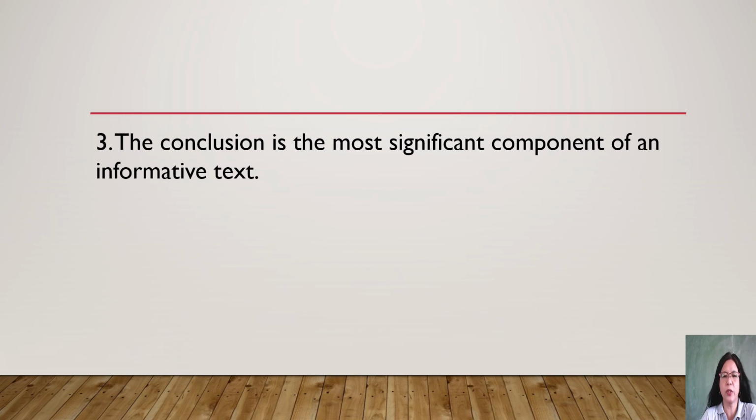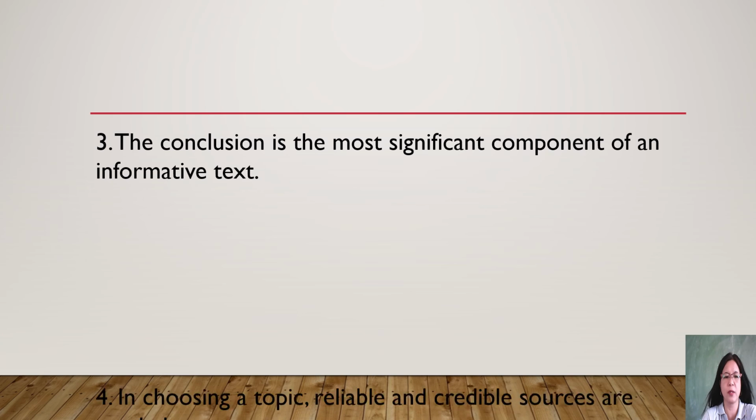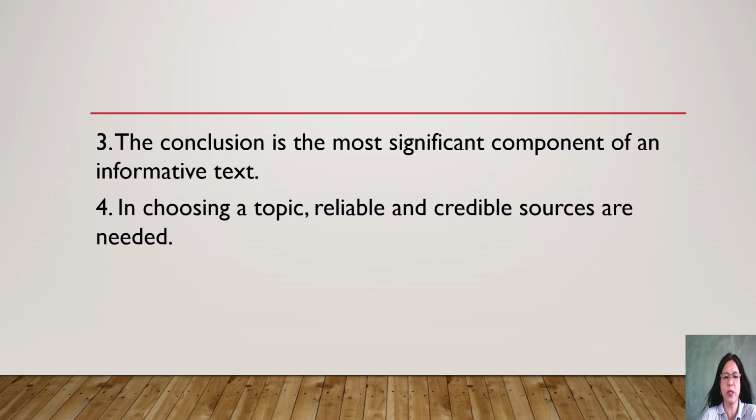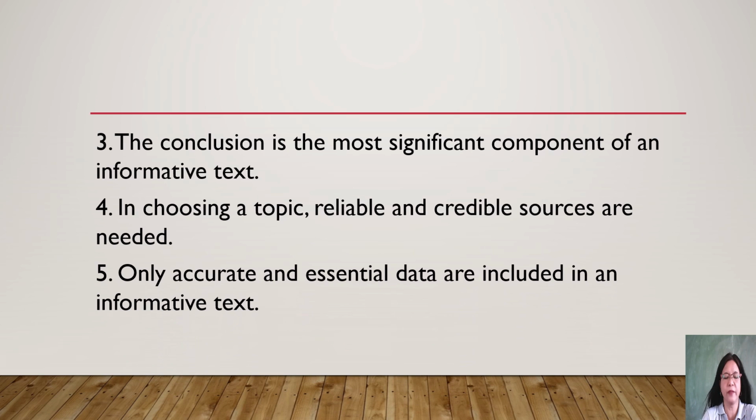The conclusion is the most significant component of an informative text. True or false? 4. In choosing a topic, reliable and credible sources are needed. True or false? And 5th, only accurate and essential data are included in an informative text. Is it true or false?